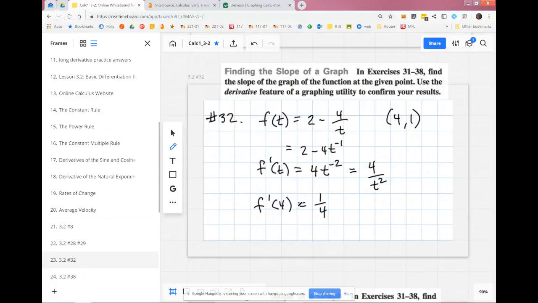Now, what's f prime at 4, which is the point we know we have? So you plug in a 4, 4 squared is 16. 4 over 16 can be simplified to 1/4. Slope of tangent line at the point 4, 1 is 1/4.